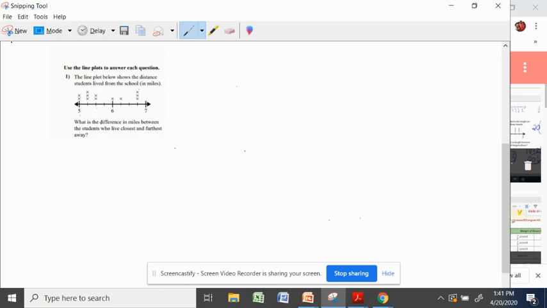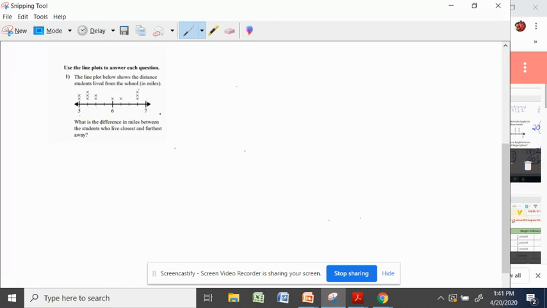Okay. So our problem is the line plot below shows the distance students lived from the school in miles. If you were just to look at the line plot, you know that there are two students that live 5 miles from school. There are three students that live 5 and 1/4 miles from school, and so forth.